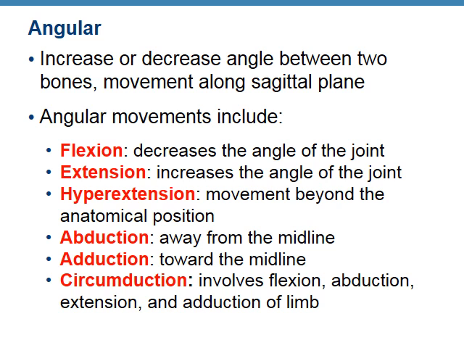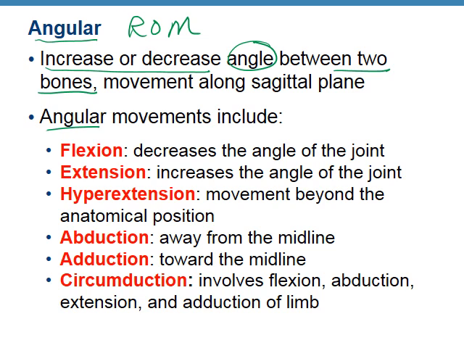The next topic we need to talk about is angular range of motion. We can increase or decrease the angle between 2 bones. So these are the angular movements that you need to know. Flexion decreases the angle of the joint. So if you have a 90 degree, you're bending your arm, then that would be flexion. Extension is when you go back to the normal position at 180 degrees.